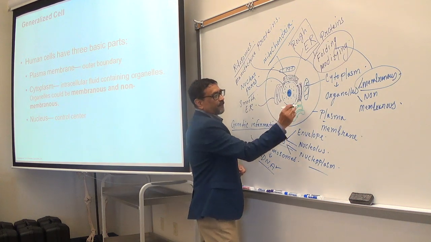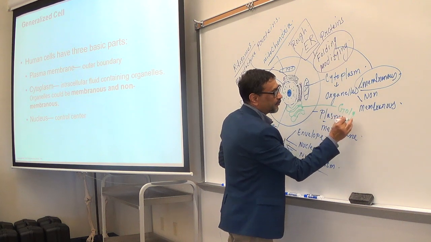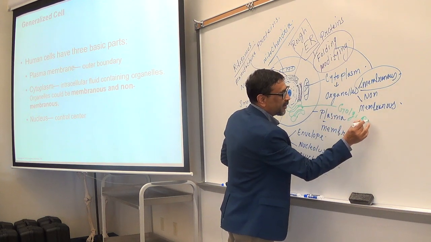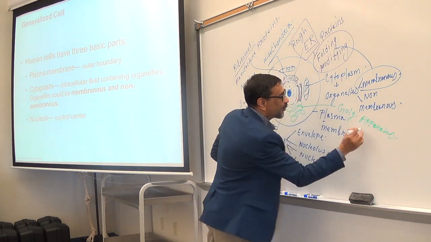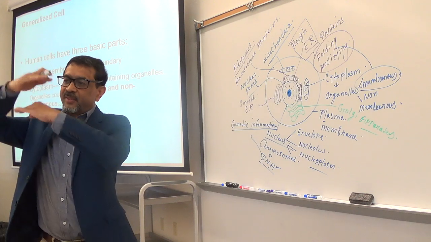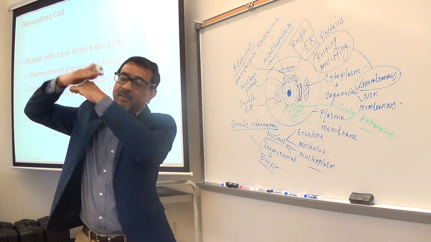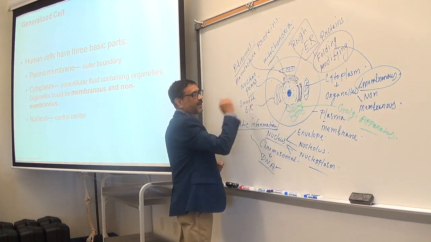This is called Golgi apparatus. So flattened membranous sacs piled together or stuck together. That is the Golgi apparatus.